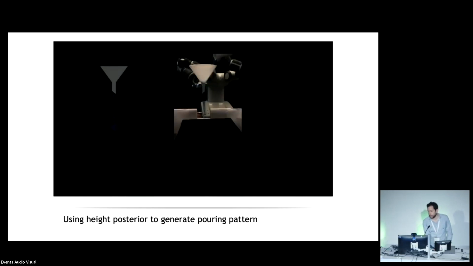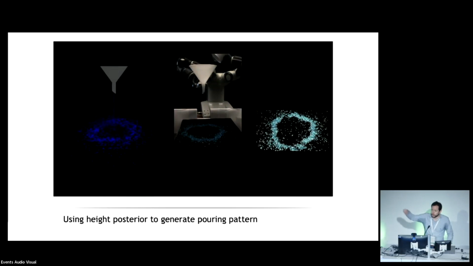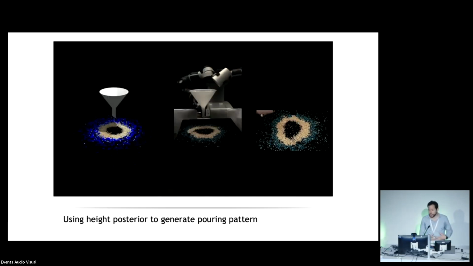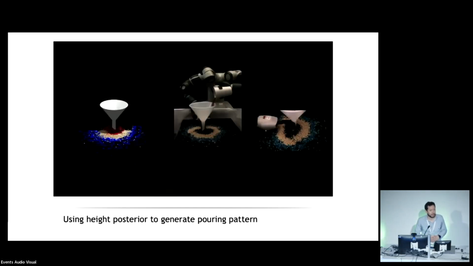It is to pour the granular material through this funnel at different heights to achieve a particular pattern, right? And that pattern is this kind of concentric rings, as you've seen there. So if you get correct physical parameters, this thing can actually perform pretty decently, as you see in simulation and in the real world.